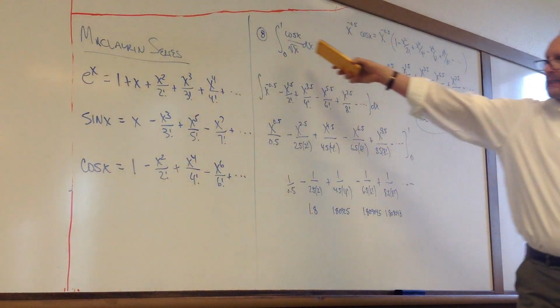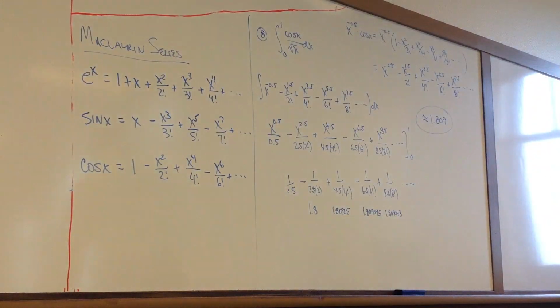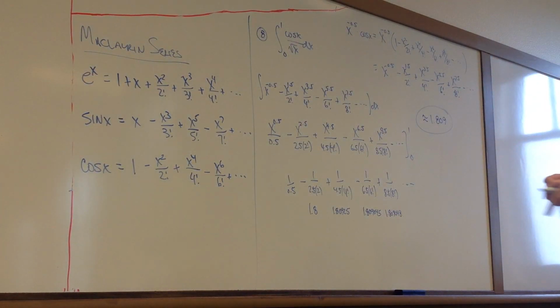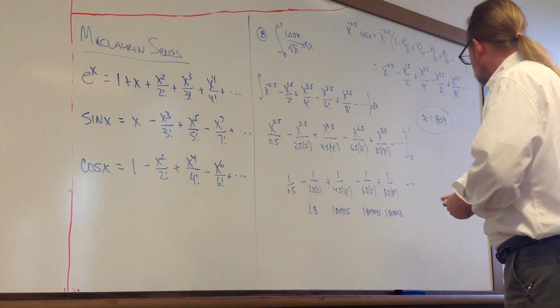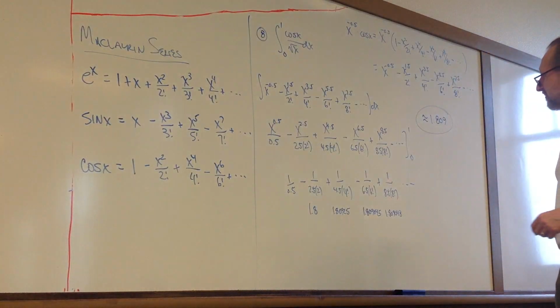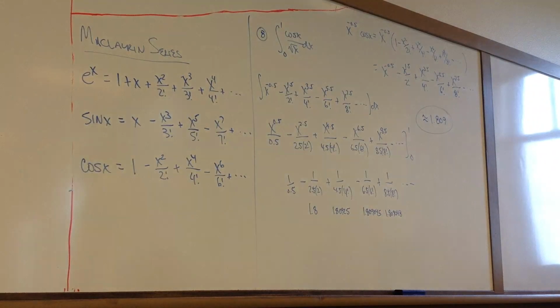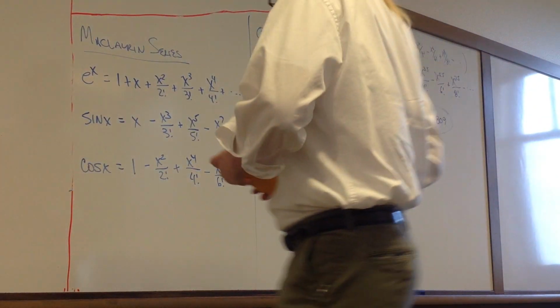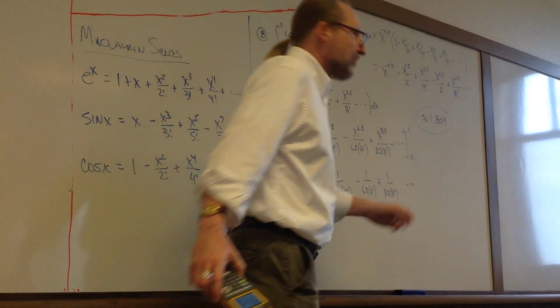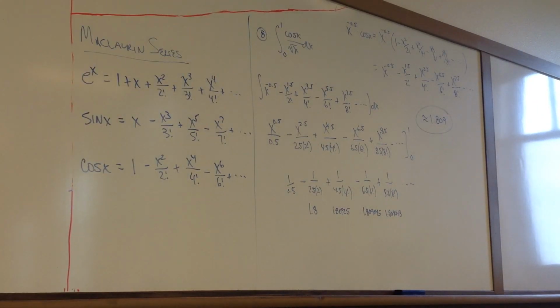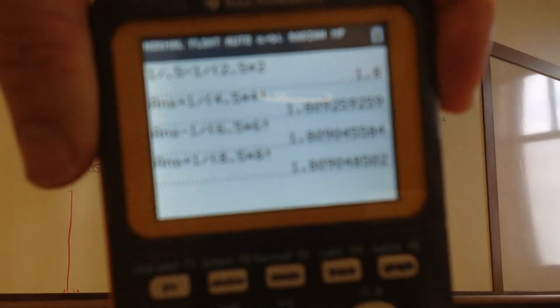And if you do this on the calculator using that feature, it does round to 809, but they keep giving me the 1.8085 value, which is just not correct and doesn't even show up here. So I really kind of have a question as to how they're calculating that integral.